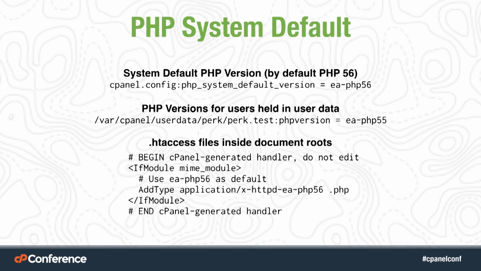Let's talk now about how EasyApache 4 sets PHP versions. The system default PHP version is controlled by a key value pair inside of cpanel.config. PHP versions for individual vhosts and users are held inside of user data, which is located in /var/cpanel/userdata. Also at the bottom of this slide, I've included a snippet of how .htaccess AddHandlers look.